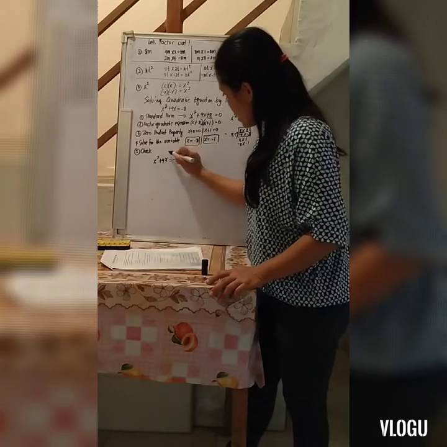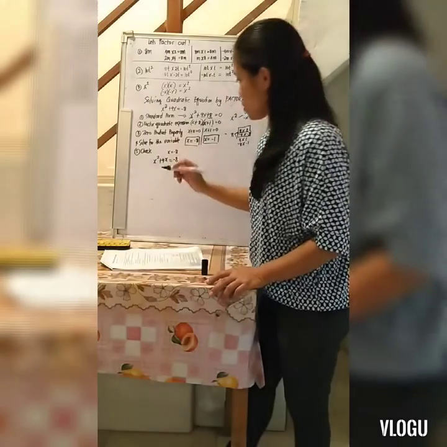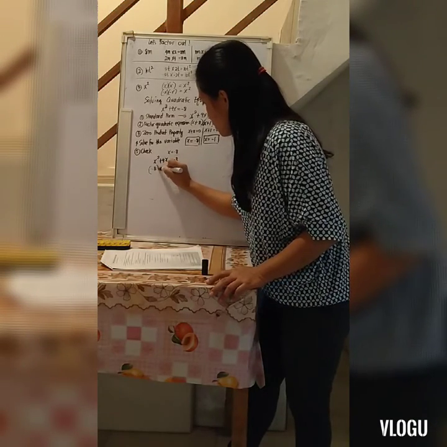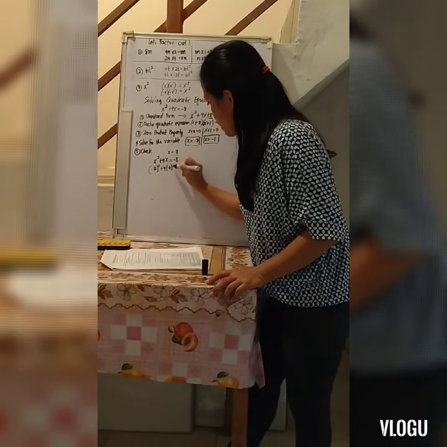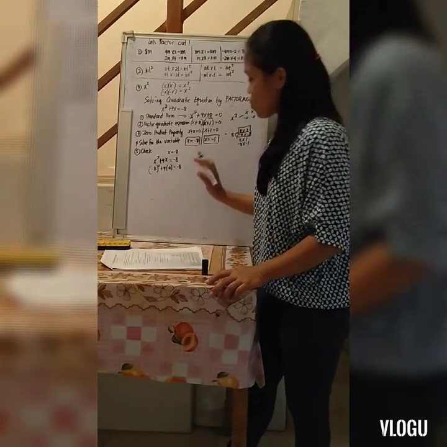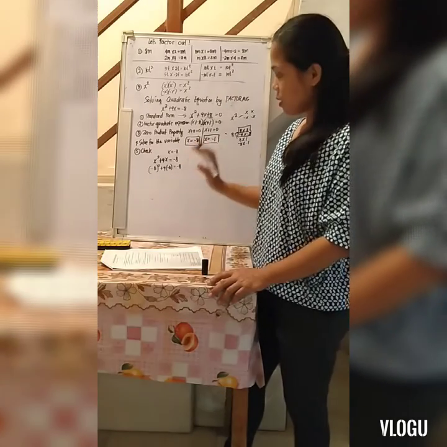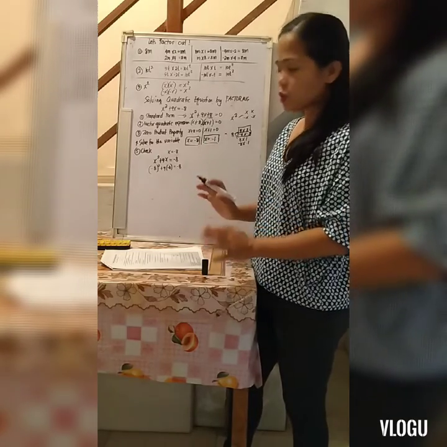So we check x is equal to negative 8. You just substitute: negative 8 squared plus 9 times negative 8 equals negative 8. When checking, you do not touch one side. The goal is to have equal numbers in both sides.